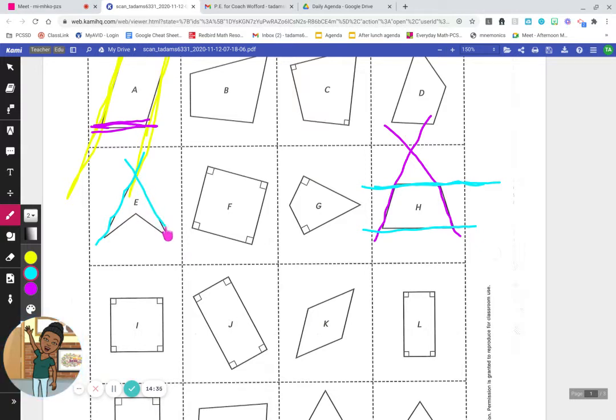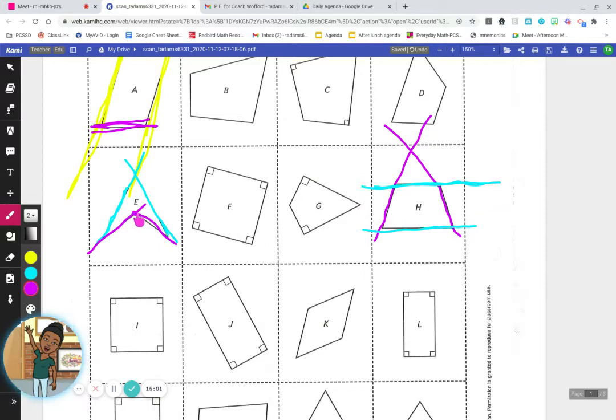Let's look at the sides. Looking at this side and the side directly across from it. Oh my, I can tell right away from these sides, they definitely meet. These lines intersect. They are not parallel. Let's look at the other side. Let's use purple. You guys know I like purple.